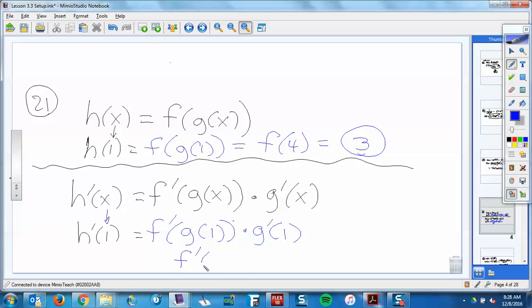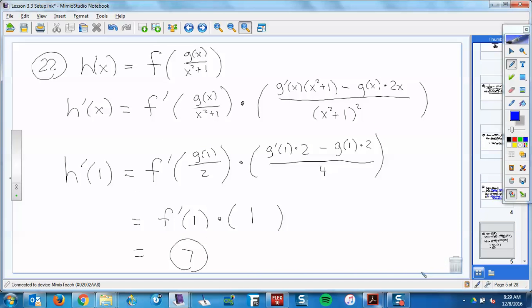So this becomes F prime of 4 times G prime of 1. Well, what's F prime of 4? 4. And what's G prime of 1? 3. 4 times 3 is 12. And so that's how we get H prime of 1. And then you repeat that for 2 and for 3. Okay? All right.